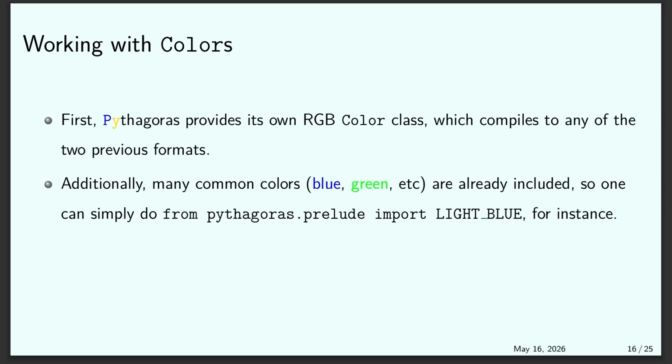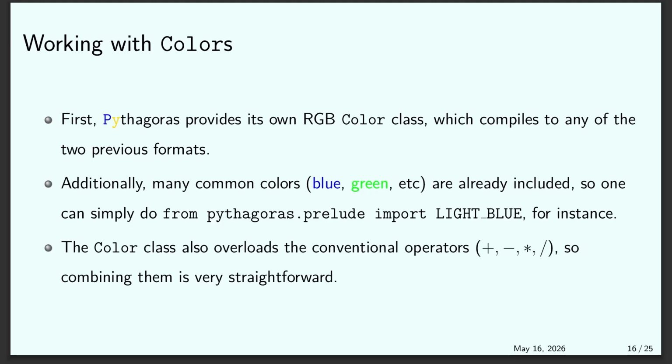Just get it straight out of it instead of having to look it up. Most of them are already there, the most common ones. But don't try to look for, I don't know, a very specific shade of gray, because that may not be there. Again, if you make a pull request, I'll gladly include it. But as of now, it's not my priority.